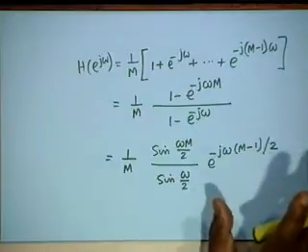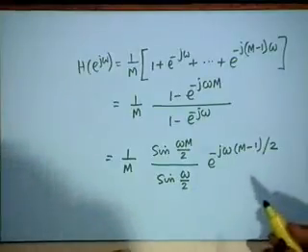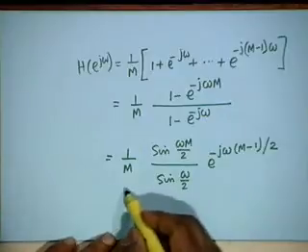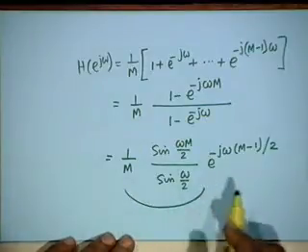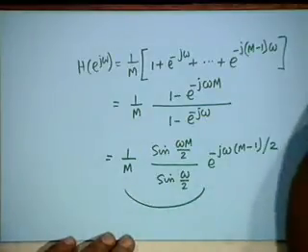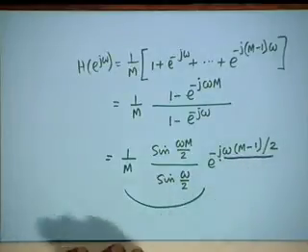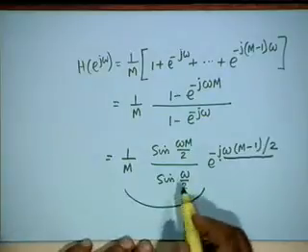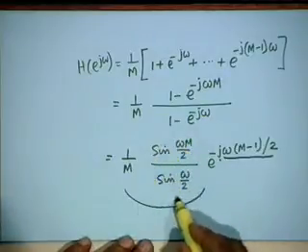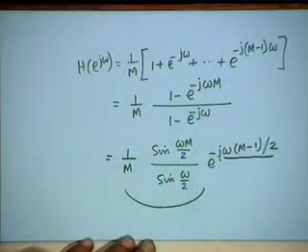Is this result correct? It is very tempting to identify this as the magnitude and this as the phase, which is not correct, because sine omega M by 2 by sine omega by 2 changes signs. Whenever it changes sign, the phase changes by 180 degrees.